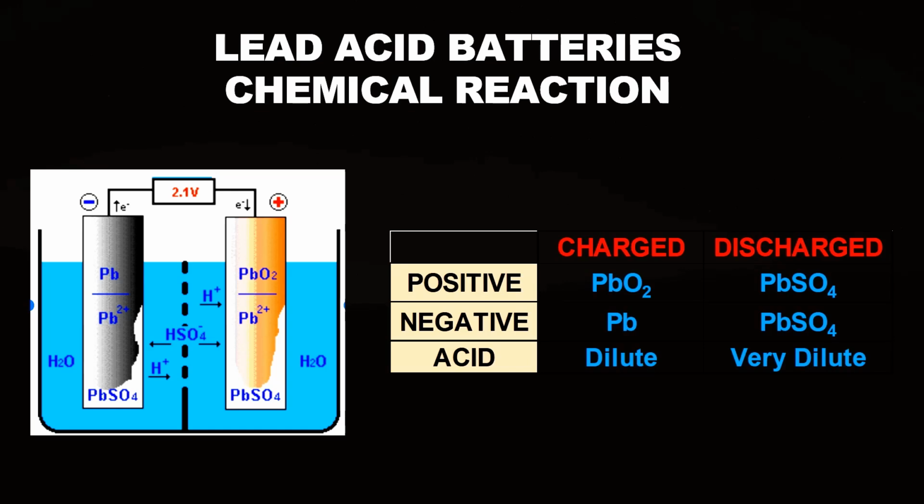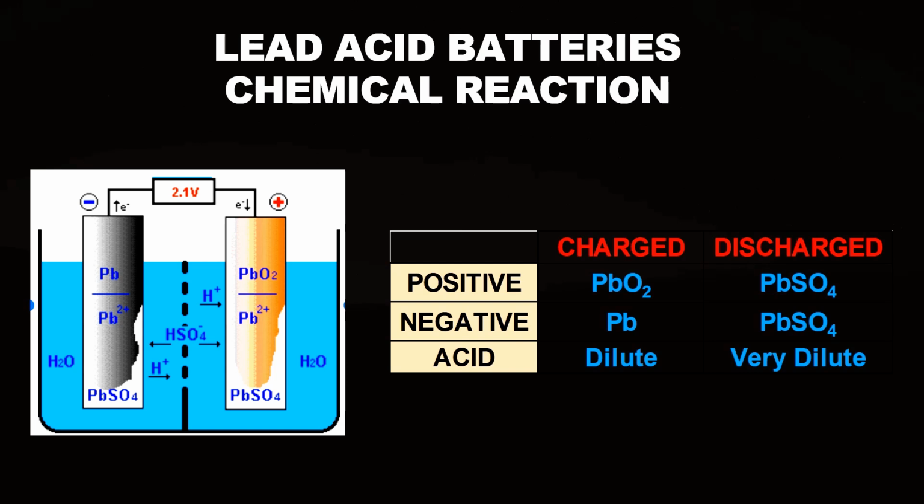Now, let me explain precisely what happens when the chemical reaction occurs. We have a group of positive plates and a group of negative plates inside a battery cell. Now, these positive plates and the negative groups of plates are immersed in a dilute solution of sulfuric acid. These are then charged.